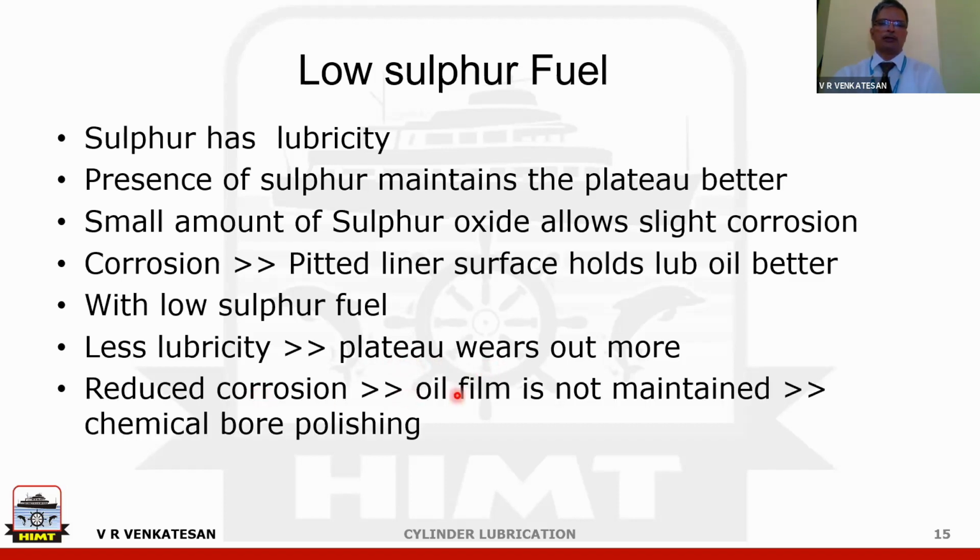And then because of the inability to maintain the oil film, because the pitted surface is not there, scuffing is also taking place. This type of scuffing is called chemical bore polishing. That means the liner surface is becoming polished because of absence of corrosion.